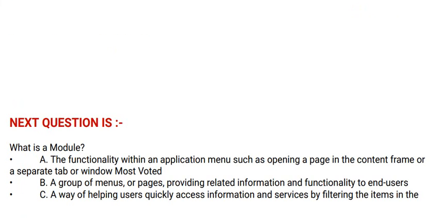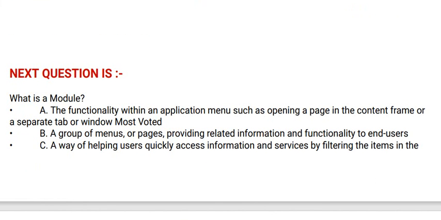Next question is, what is a module? Option A, the functionality within an application menu such as opening a page in the content frame or a separate tab or window. Option B, a group of menus or pages providing related information and functionality to end users.